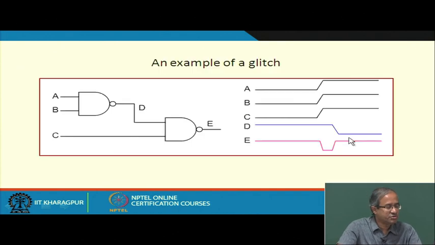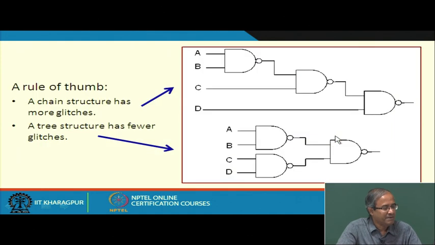In the earlier case, one of the signals was coming faster, the other signal was coming slower. Because of that overlap, this glitch was happening. But here if you can make it balanced, then that kind of unequal delay paths will not happen.